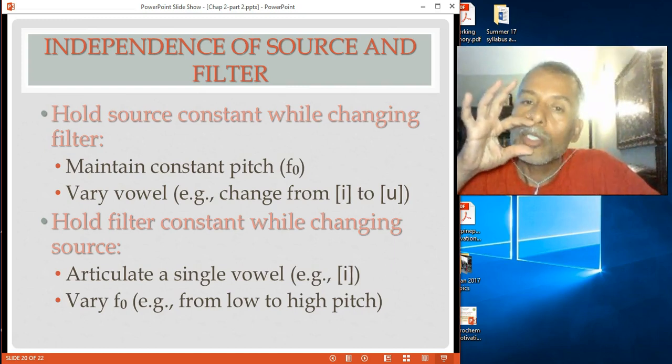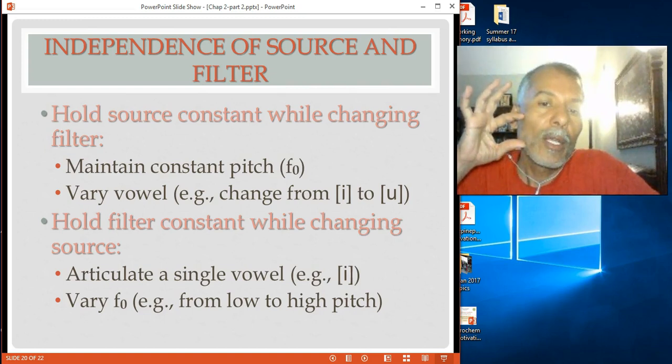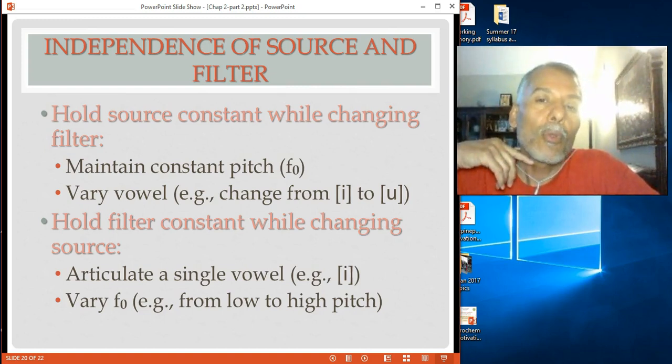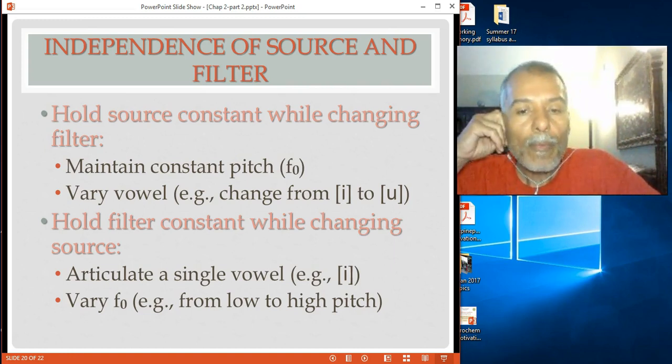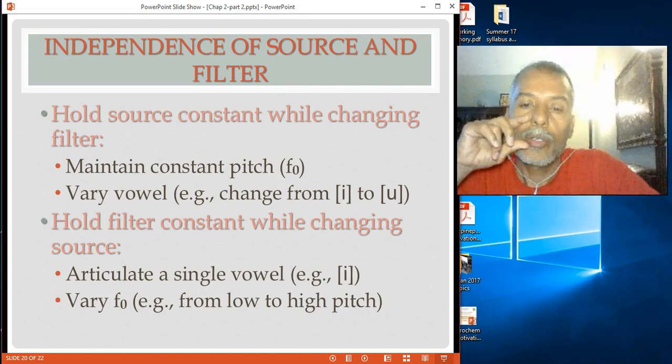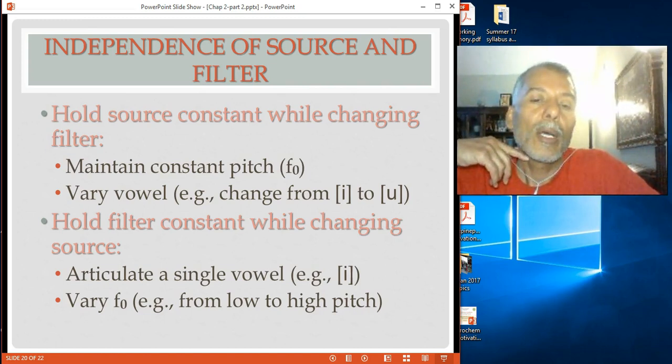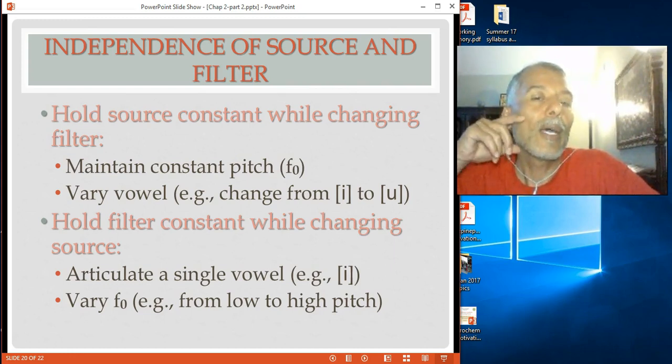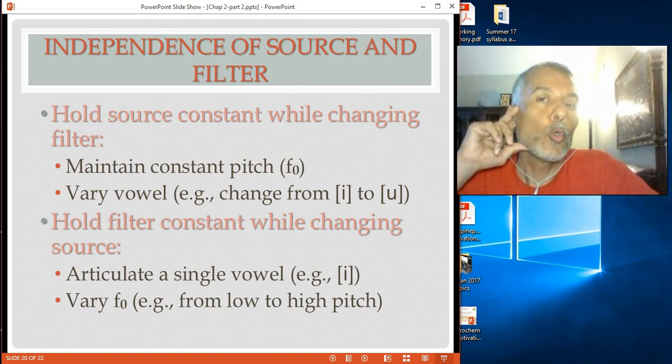Now, how do I change the filter and keep the vocal folds at the same vibration rate? You simply change from one sound to the other, like this, at the same vibration rate of the vocal folds, and then I go, E, and then midstream I shift to another sound like E-U, E-U.